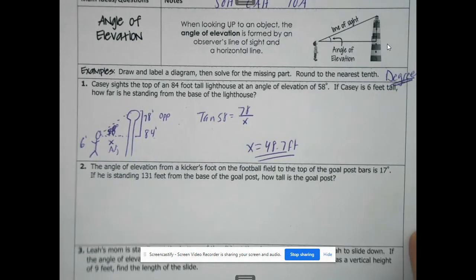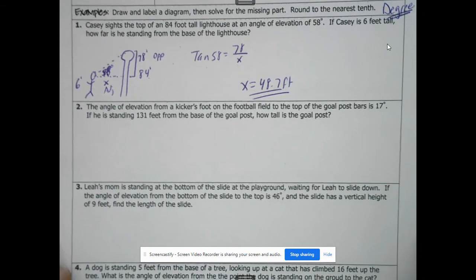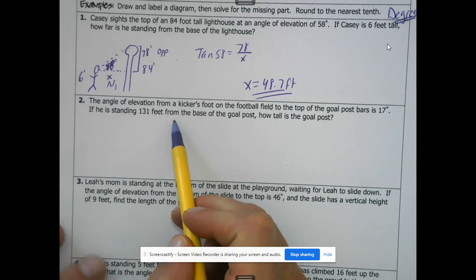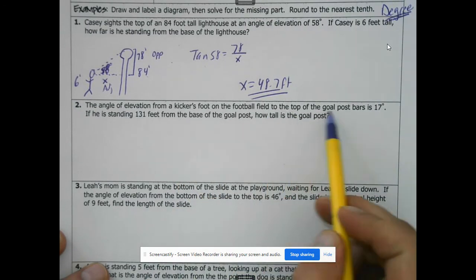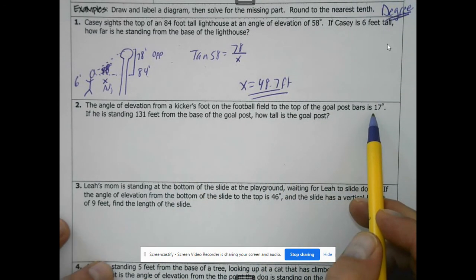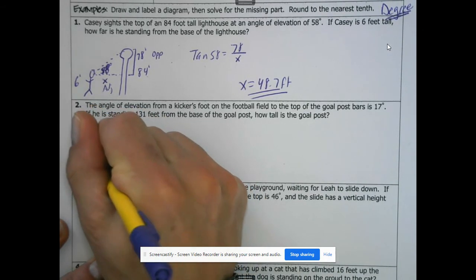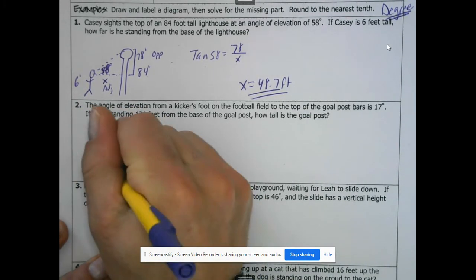Next one. Number 2. The angle of elevation from a kicker's foot on the football field to the top of the goalpost bars is 17 degrees. All right, so there's your football.